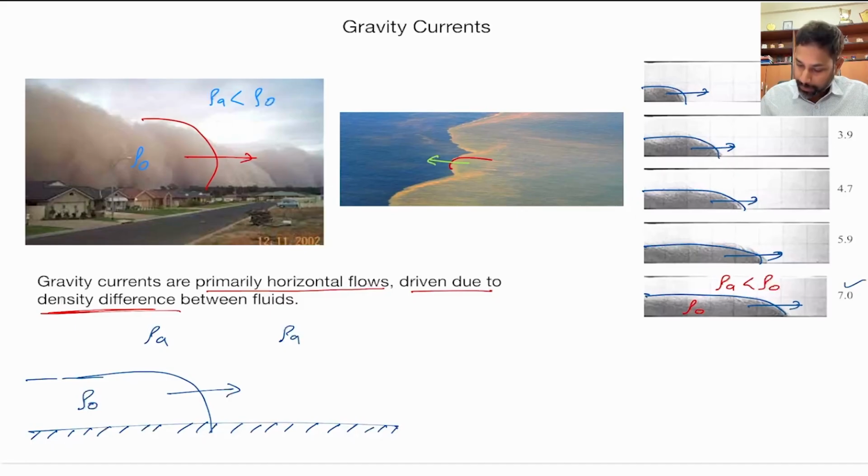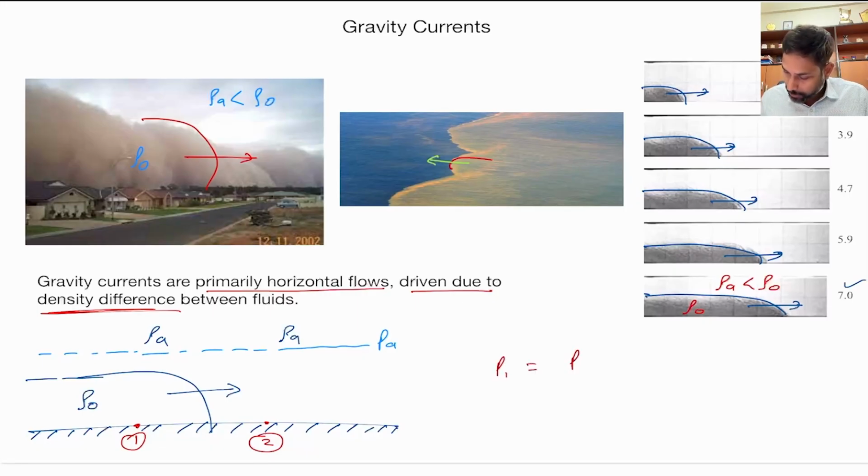So what exactly happens here is, if you consider 2 points, let's say this is point 1 and this is point 2, and you want to find the pressure difference between point 1 and point 2, we can first assume a reference point where the pressure is PA.